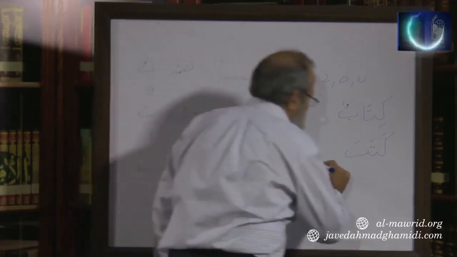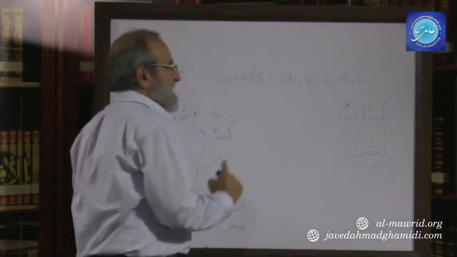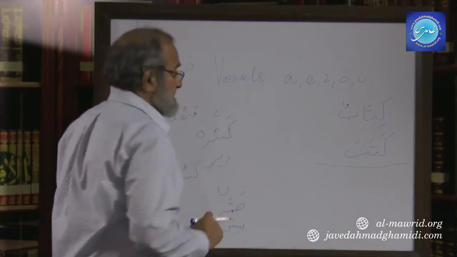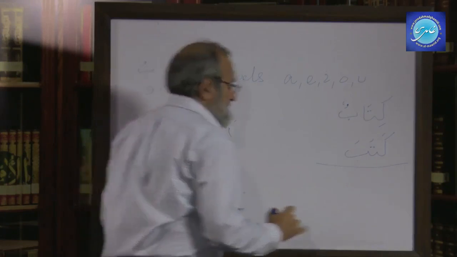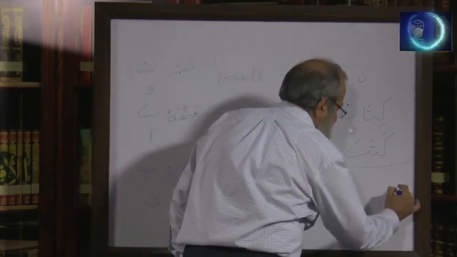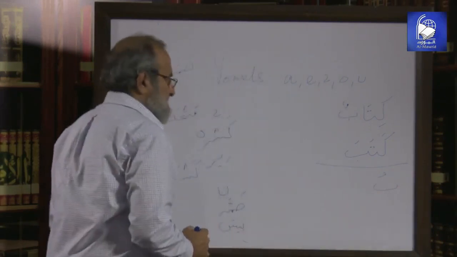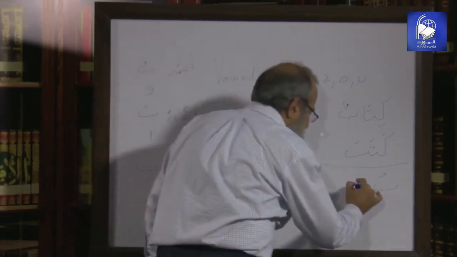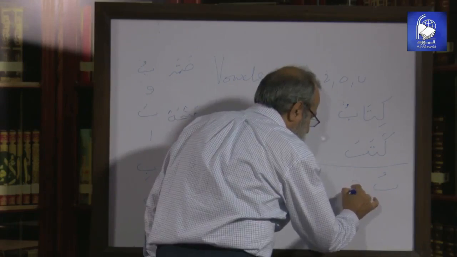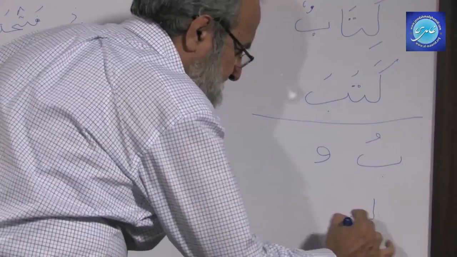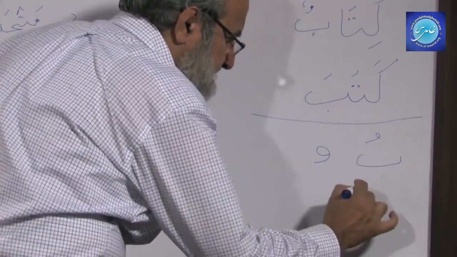If I now use the other vowel, which is dhamma, the equivalent alphabet is vav, and I write a word, let's say noon.